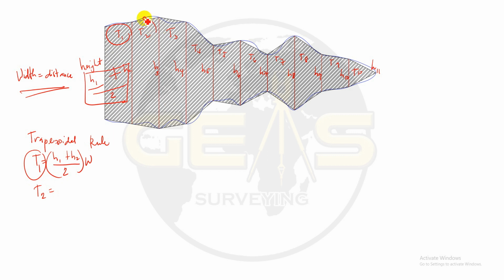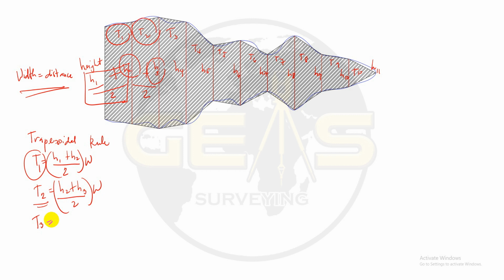Next, trapezoid 2 is equal to H sub 2 plus H sub 3 all over 2 times the distance or width.